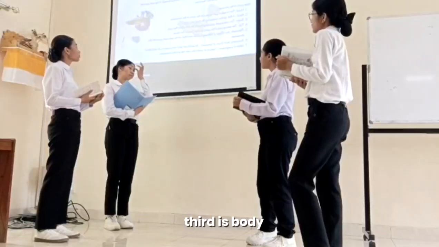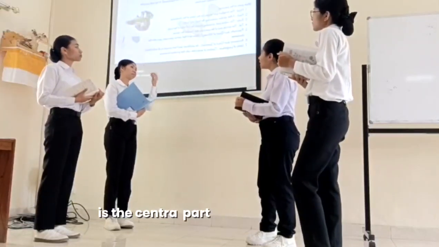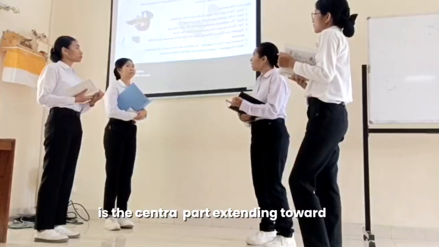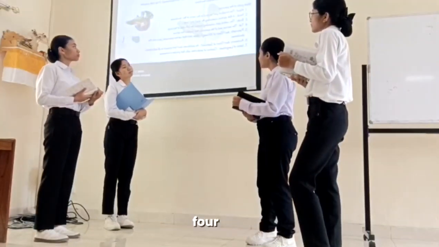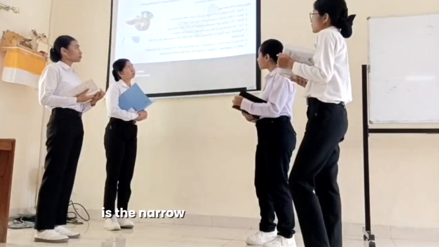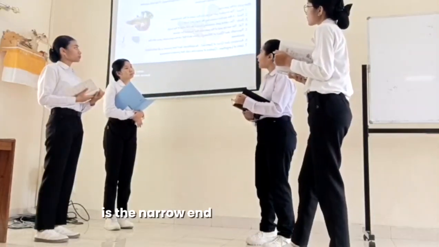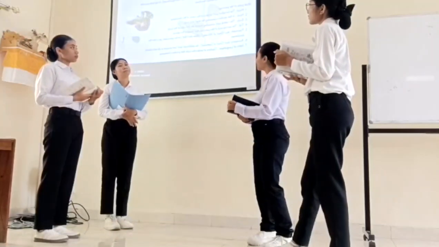Third is the body, the central part extending toward the left side of the body. Fourth is the tail. The tail is the narrow end of the pancreas that touches the spleen.